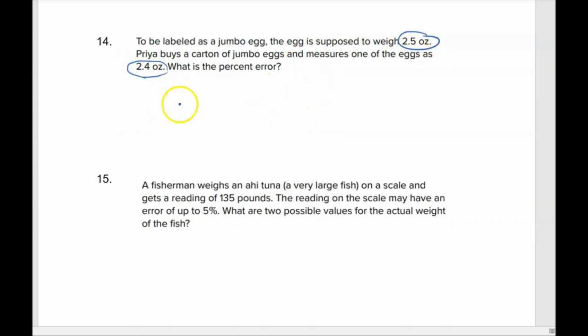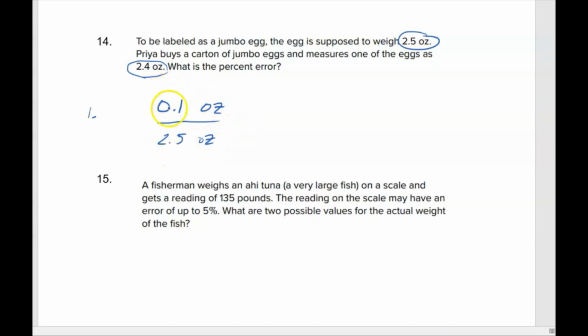Well, 2.5 minus 2.4, that's just a tenth of an ounce, or 0.1 ounces. That's the first step, you need to find how much it's off from the actual. And then to find that percent error, we just need to divide it by what it should be.